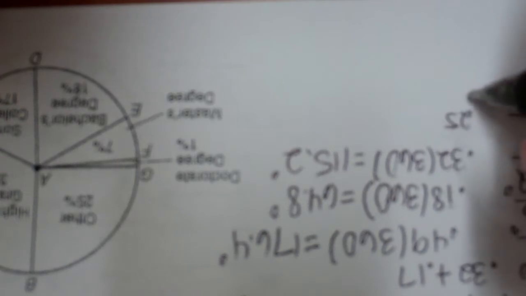And the last one is asking for the measure of arc BEC. The major arc BEC. So here's B, go in the order of the letters, E to C. So we're going to be adding 25 plus that 1%, 7%, 18%, and 17%. 25, 1, 7, 18, 17.